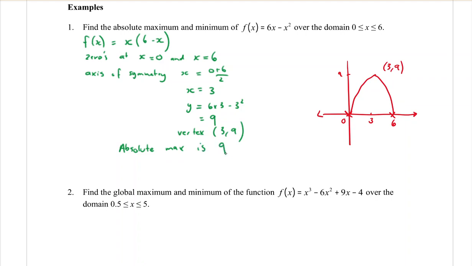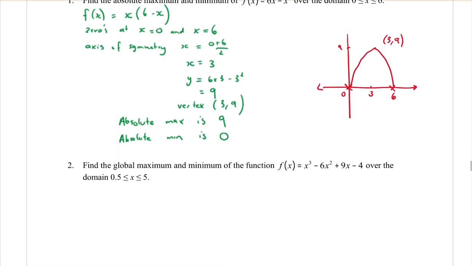That also does mean that's at when x equals 3, but 9, we're after the y value. The absolute minimum is the smallest value that that graph is going to get to, which is 0, which happens at 2 points when x equals 0 and x equals 6. But anyway, that's all we need. All right, that's done.